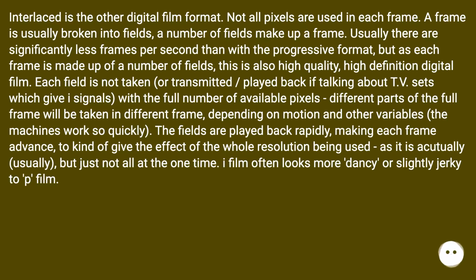Each field is not taken or transmitted with the full number of available pixels; different parts of the full frame are taken in different fields, depending on motion and other variables. The machines work so quickly that the fields are played back rapidly, giving the effect of the whole resolution being used, as it actually usually is, just not all at one time. I film often looks more jerky compared to P film.